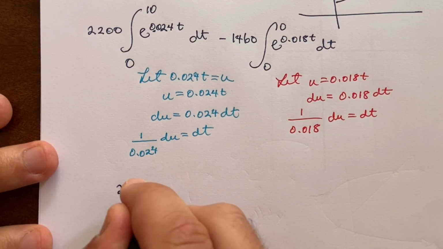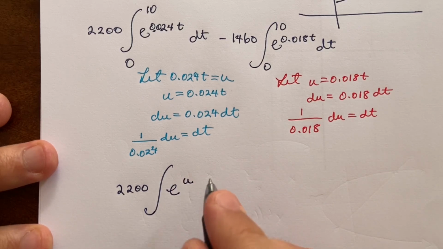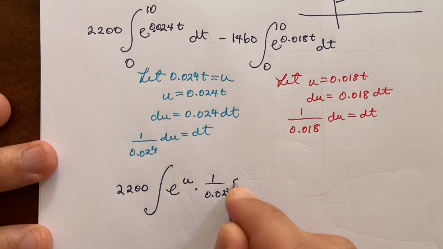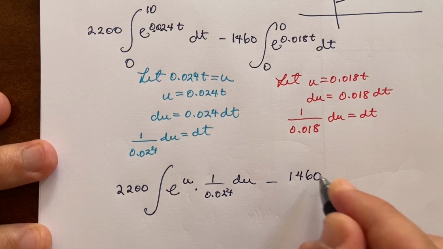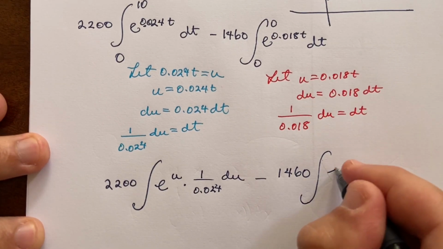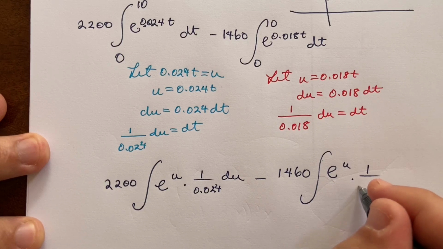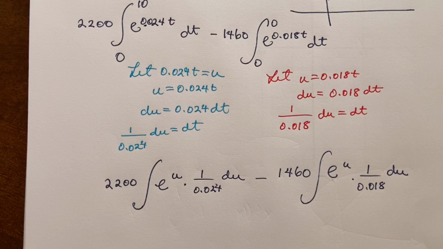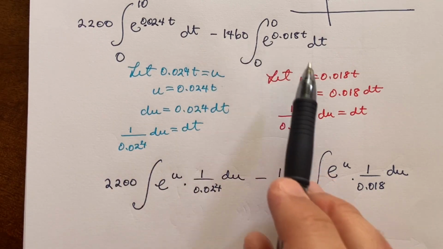So 2200 e to the u times 1 over 0.024 du minus 1460 e to the u times 1 over 0.018 du. I think I got all that right. I didn't write the limits, so you do need to figure out where 0 and 10 map to.